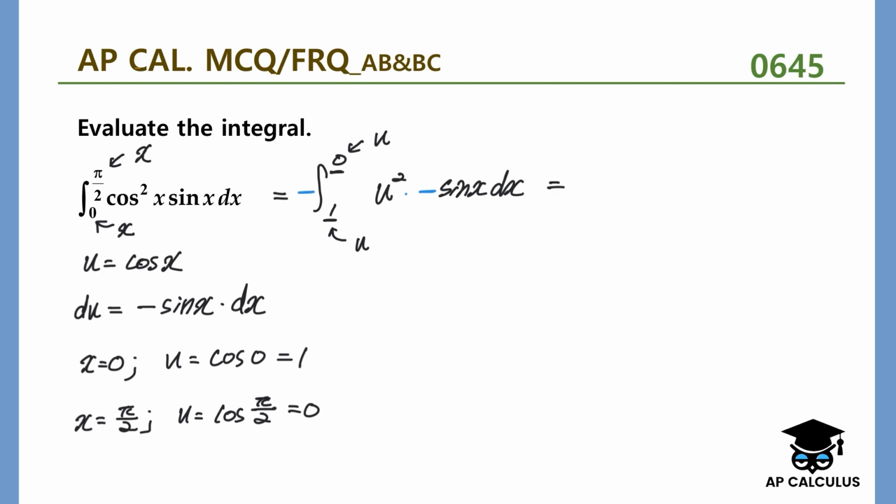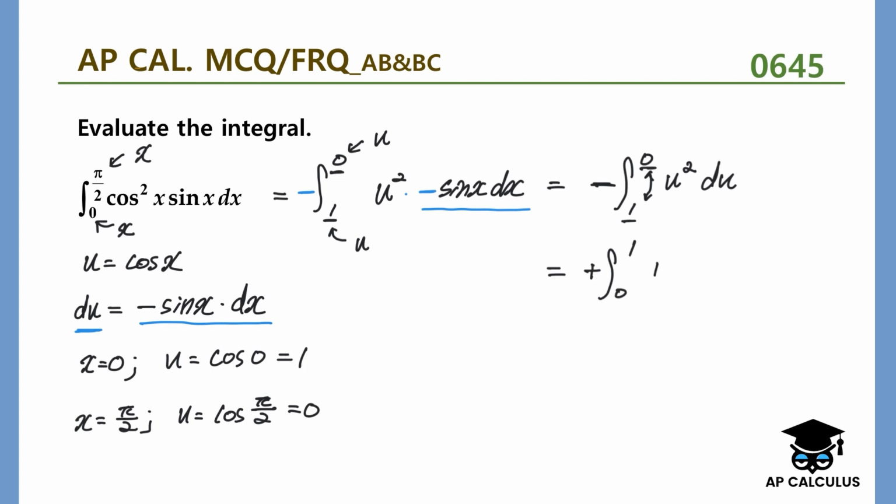That gives us negative integral from 1 to 0 of u squared times negative sine x dx, that's our du. Now we're going to switch these two limits. If we switch these two numbers, we must have a negative. Since we have one negative here, that's going to be positive integral from 0 to 1 of u squared du, right?